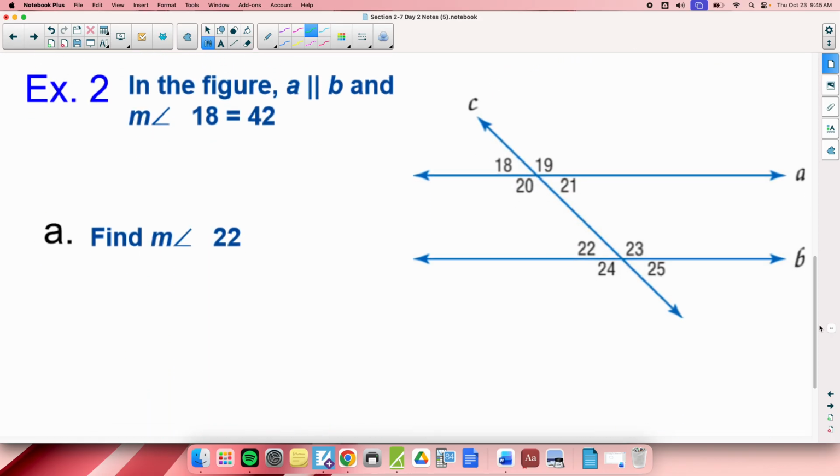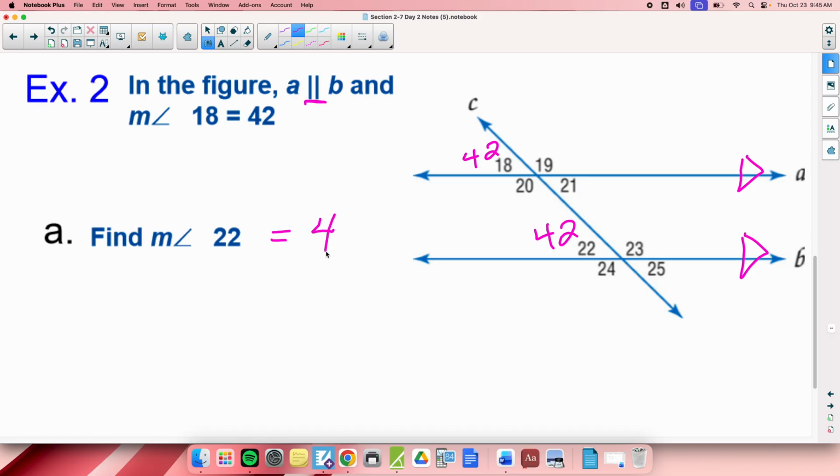Now let's look at this one. What does this symbol right here mean? Parallel. And remember, nothing I talk about today is true if the two lines are not parallel. So this says angle 18 is 42, and they want us to find angle 22. 42, and that is because they're corresponding, right?